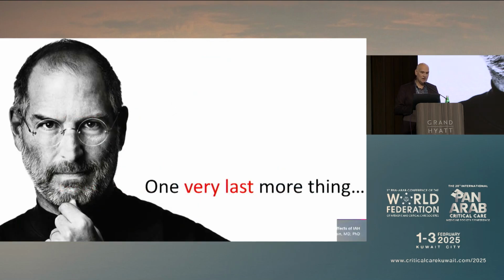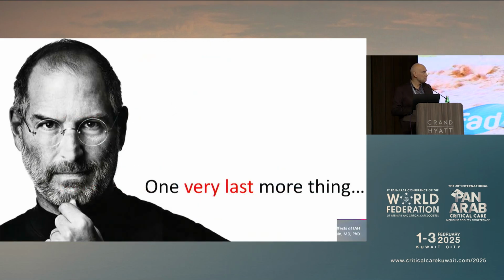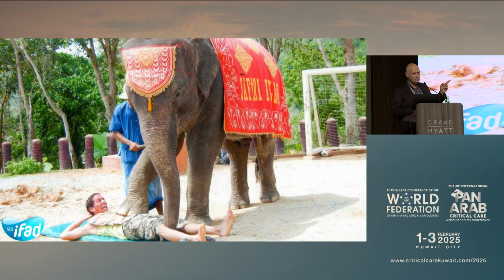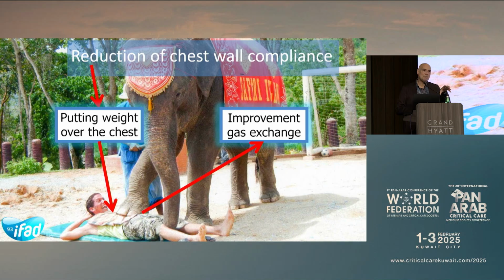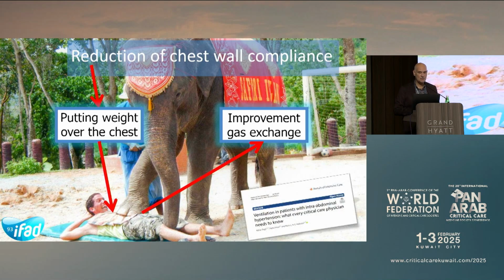So just one very last more thing. You may ask yourself, why am I showing an elephant in Kuwait? But if you reduce chest wall compliance by putting a weight on the chest, you may have an improvement in gas exchange.